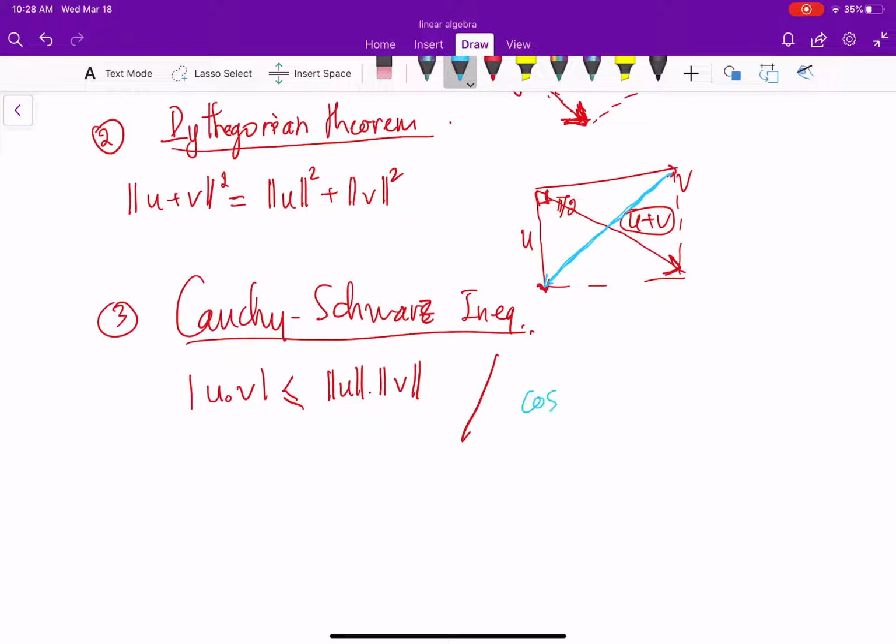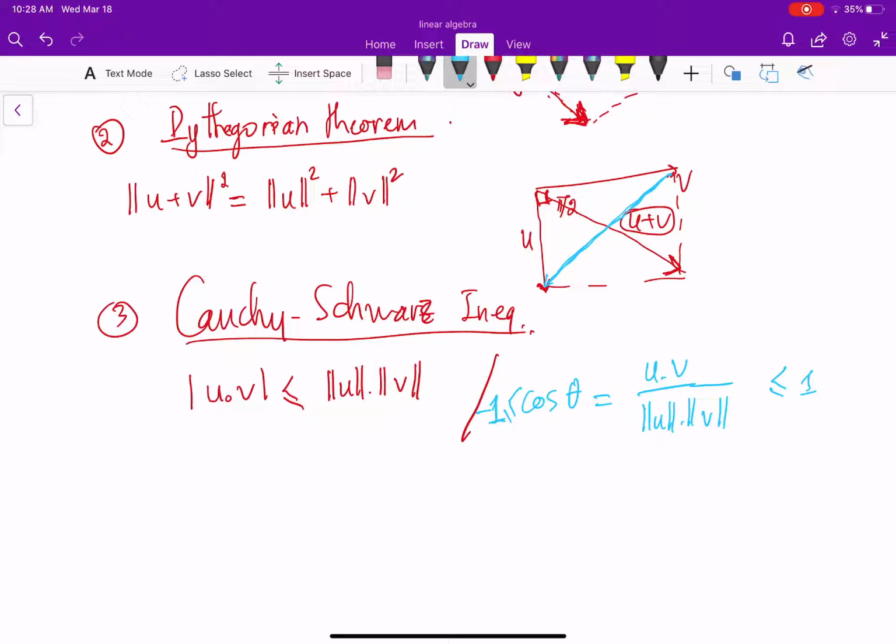Because cosine of theta, where theta is the angle between u and v, is equal to u dot v divided by the norm of u and the norm of v. And the cosine is always between -1 and 1.